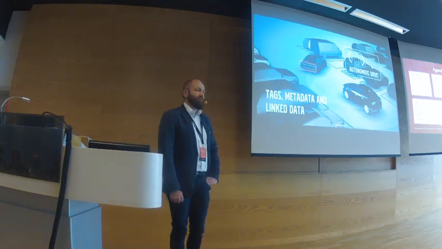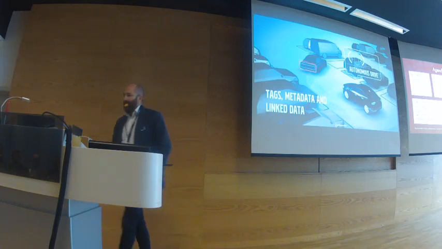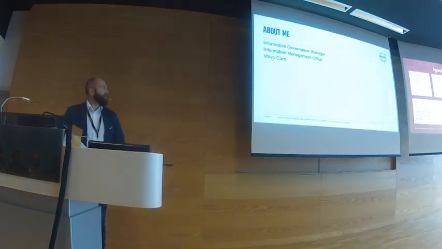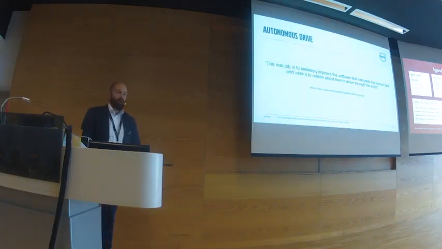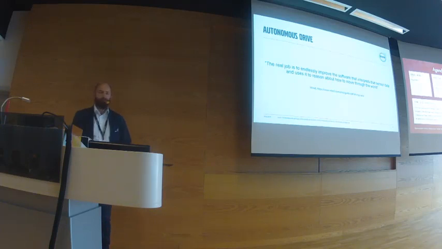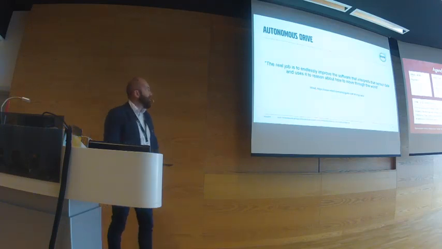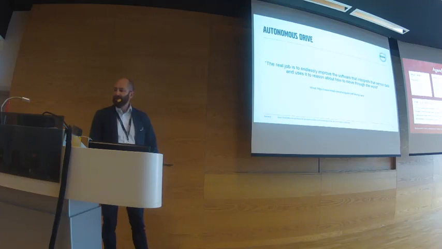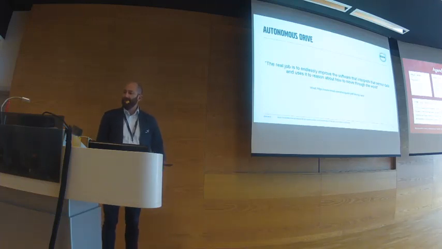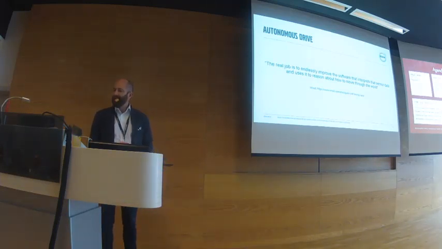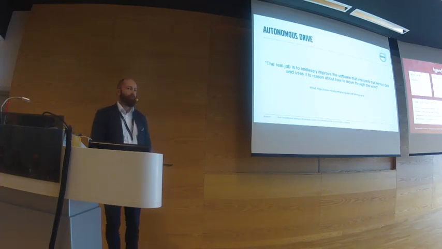And then we have these happy engineers that want to develop functions, and they need to find their way in all this data. They just want to find the correct data in order to do their analysis, in order to develop functions that actually drive the car in an autonomous way. So what we are looking at here is a method for finding data, and especially for autonomous drive.